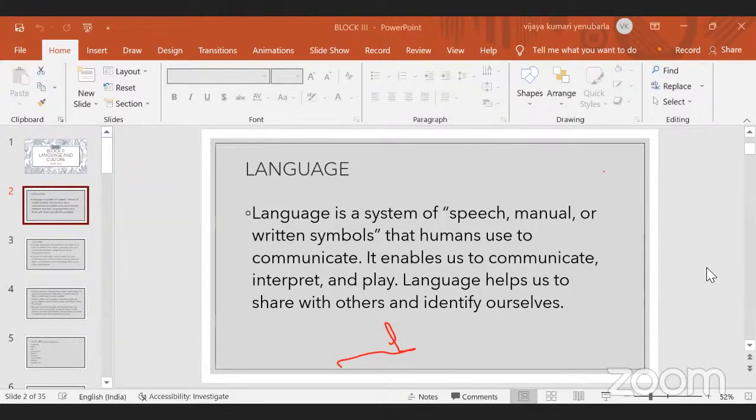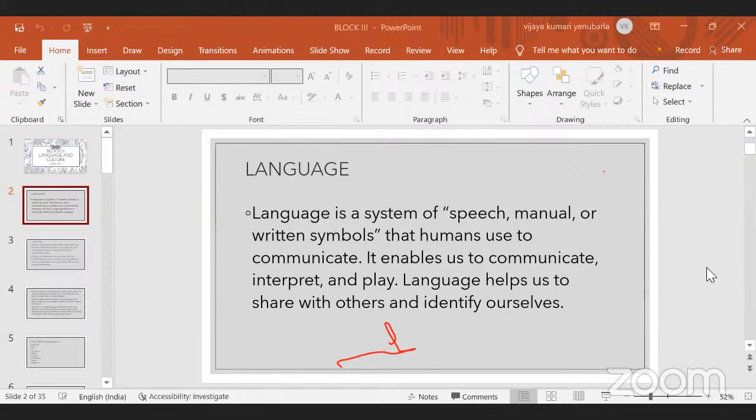That is also a language. And when we are talking, this is oral, speech. That is also language. And manual, that is gestures, verbal and non-verbal communication also. If you want to stop somebody and you show your hand, you are giving a gesture, a sign. That is also language.